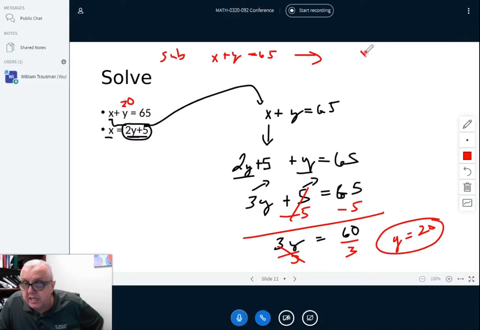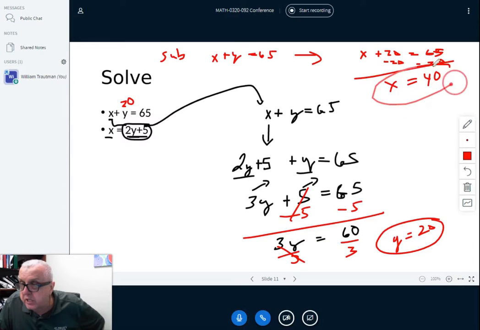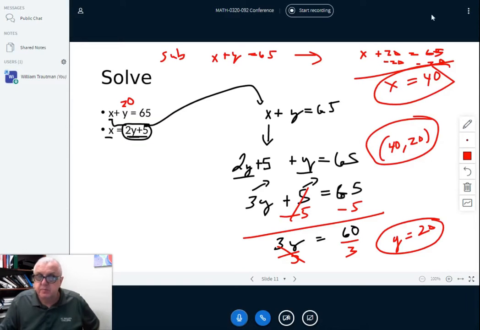And then I can say x plus 20 equals 65. Subtract 20, subtract 20. And x equals 65 minus 20 is 40. So my x is 40 and my y is 20 in this case.